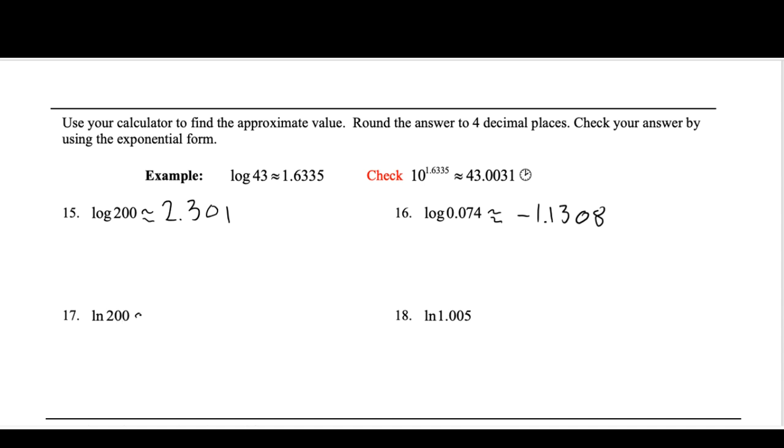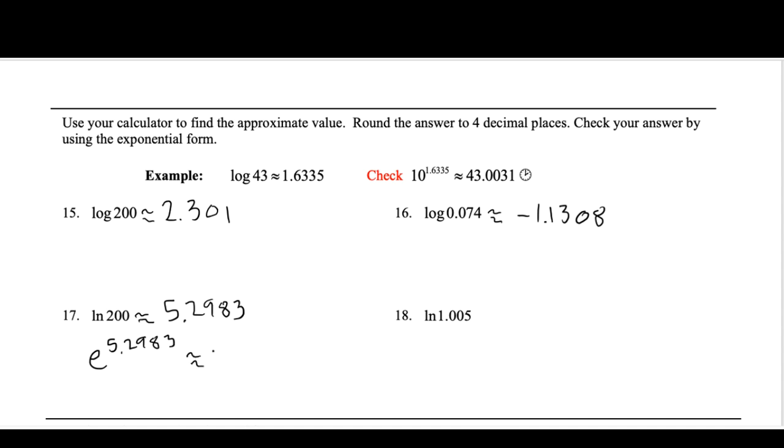Not obvious what that is, but you could use the ln key on your calculator and evaluate this and get about 5.2983. Okay? So that means that e raised to the power of 5.2983 is approximately equal to 200.